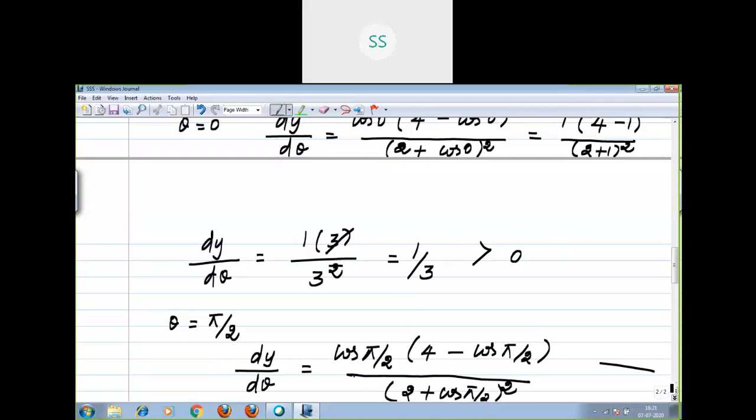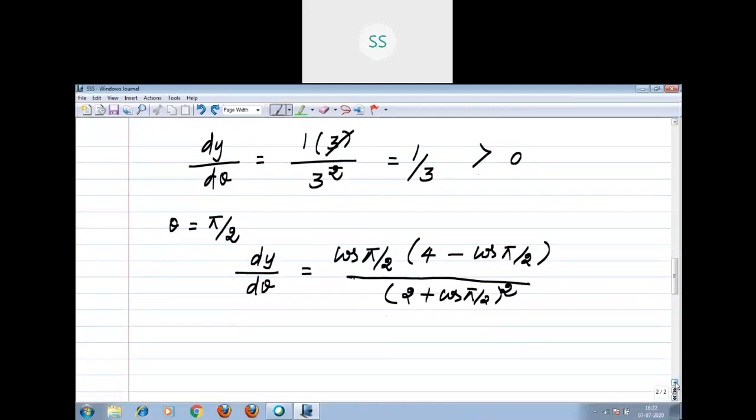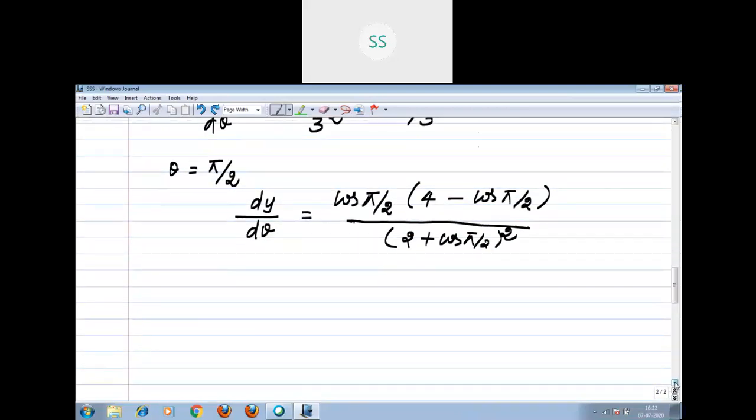So cos 90 degree, you know the answer, right? Cos 90 degree is nothing but 0. So which is equal to 0. The numerator is 0, so 0 divided by anything you get as 0, right?